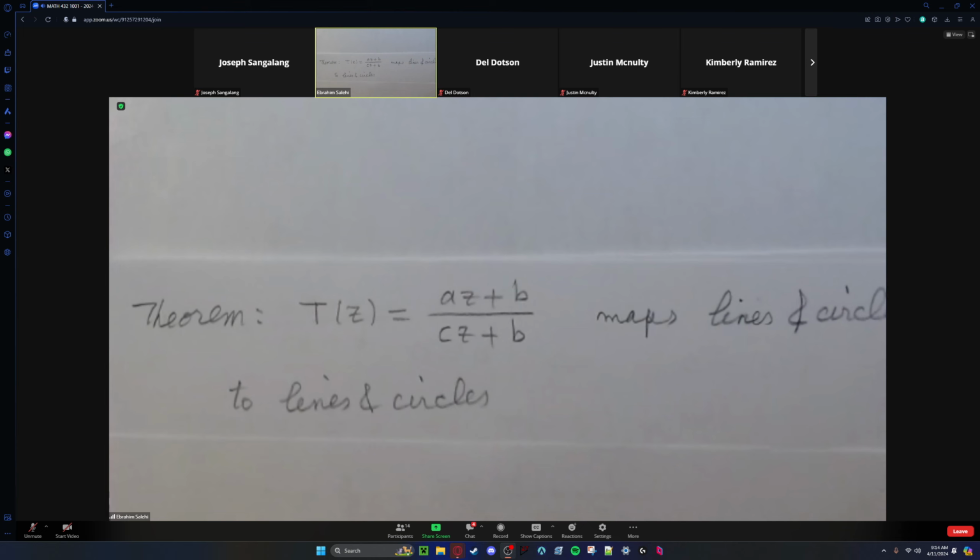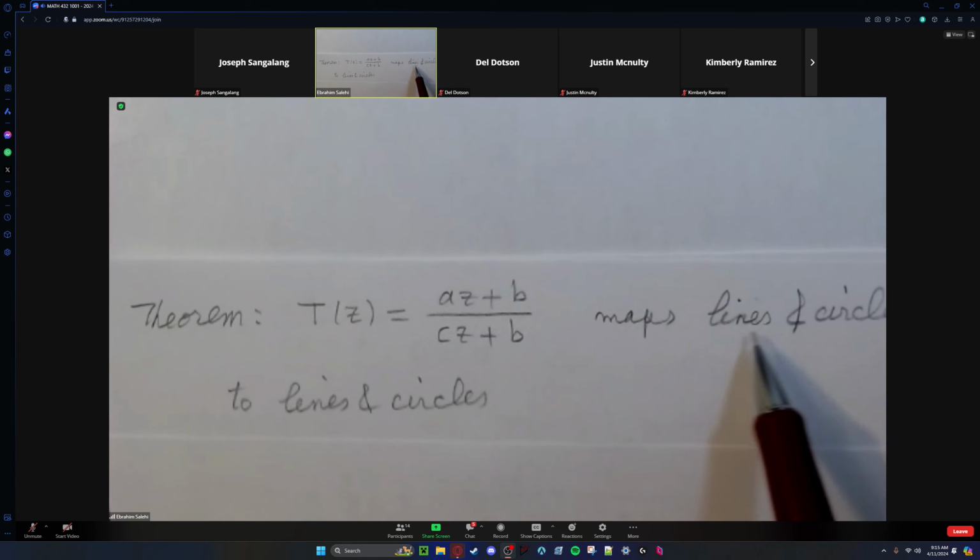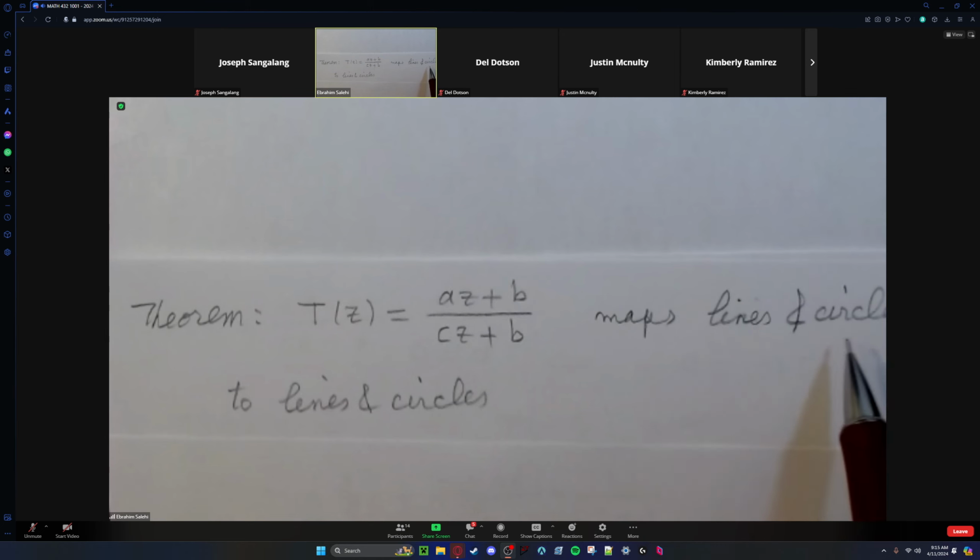Oh, that doesn't mean a line is going to be exactly a line. No, a line can be a circle. The map of a line can be a circle. Or a map of a circle can be a line, all right? But the totality of lines and circles will be mapped to lines and circles.